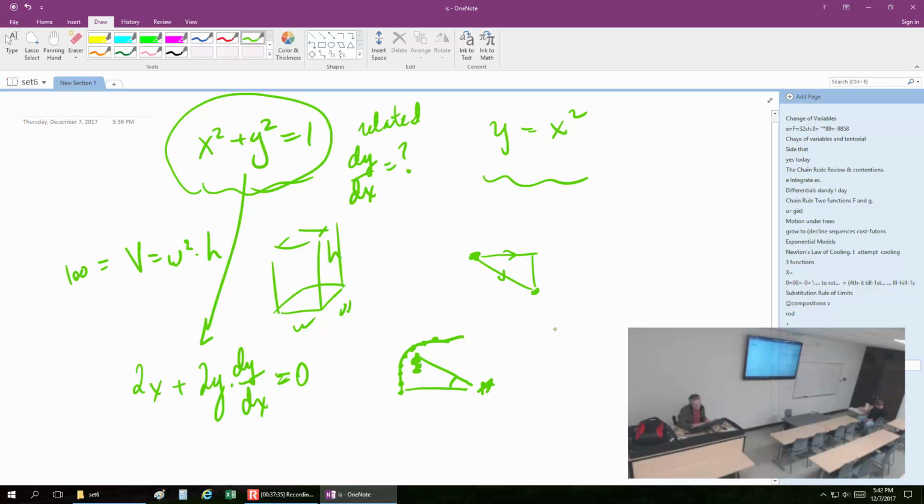So what we saw is y is equal to ln x, and x is equal to e to the y, the inverse, right? And then the relation between the derivatives is dy dx is equal to 1 over x, x positive, and this is dx dy is equal to e to the y.